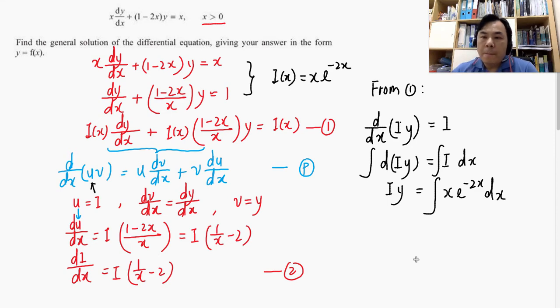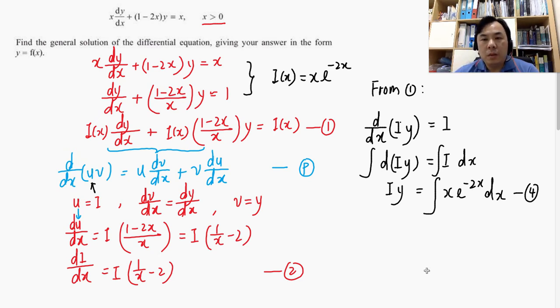Now, if you refer to our right-hand side expression, this requires another integration technique, which is known as integration by parts. I'm going to label this as equation number 4 right now. This part, I'm going to pause for a while for you to check back again what we have done so far until we reach this section here.